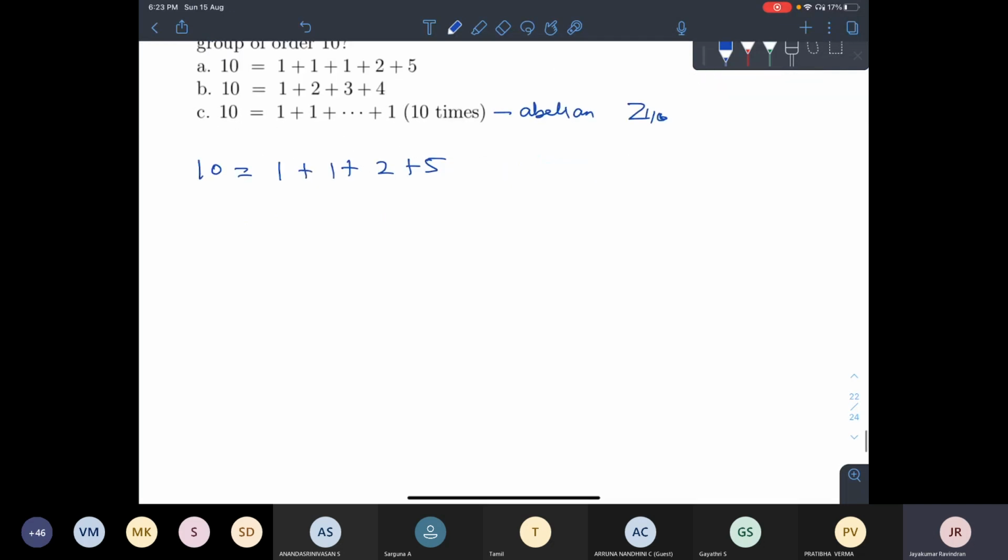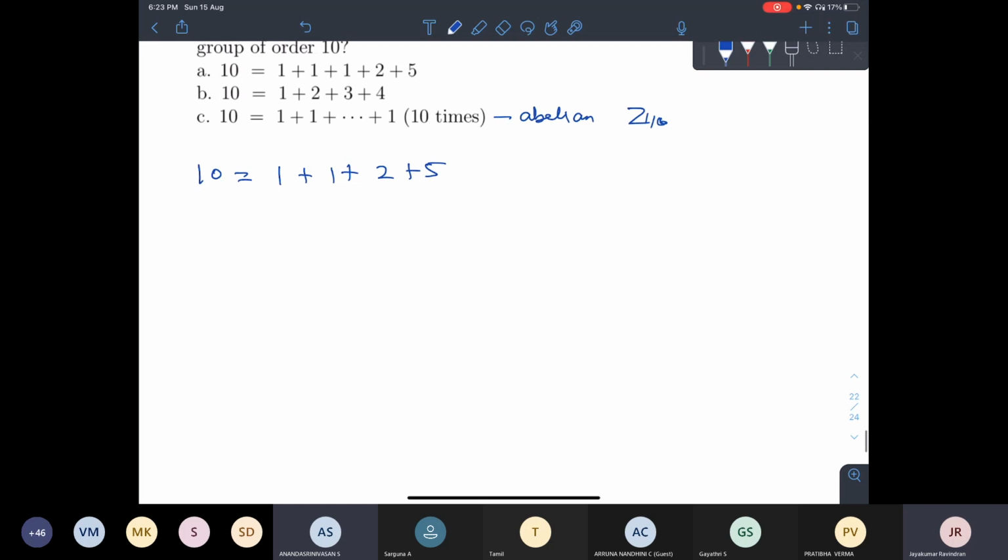Nice. This one divides 10, this divides 10, this divides 10, this divides 10. It's okay. So one is missing. What? The center of G is 3. Sorry, I'm sorry. So the center has order 3, which does not divide 10. So this is wrong.